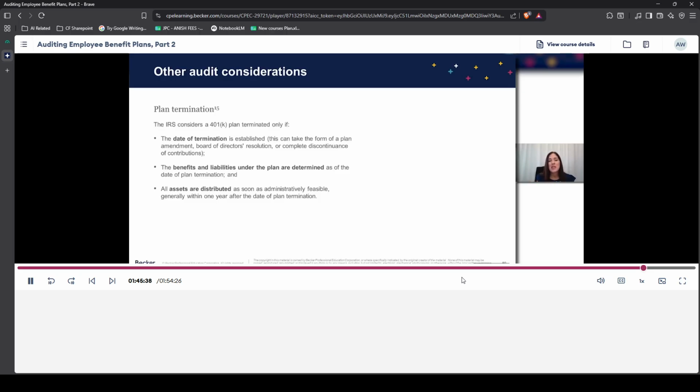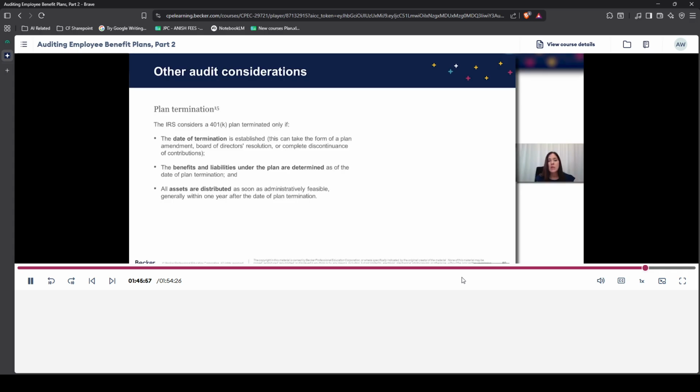Plan termination is also an area that sneaks up on plans, both the sponsors and the plan auditors. For plan termination, one of the important factors is when the decision is made to terminate the plan.